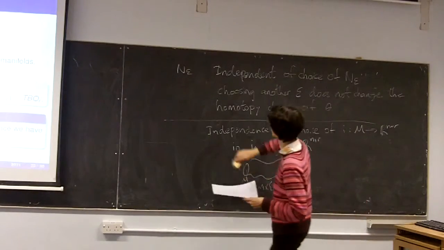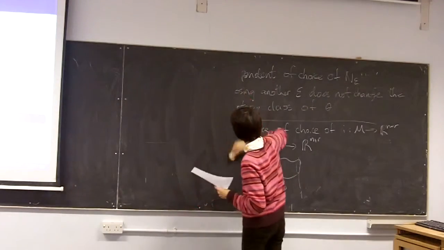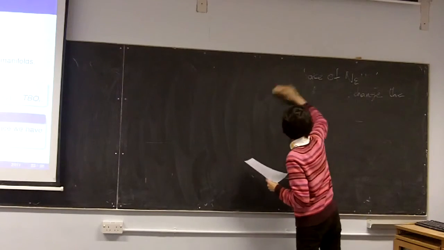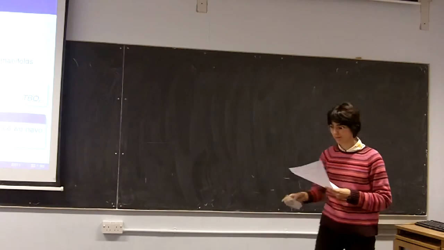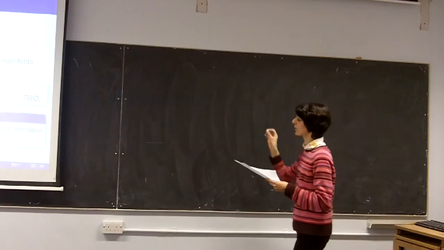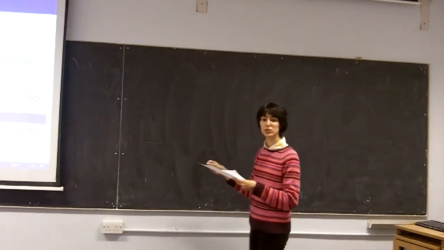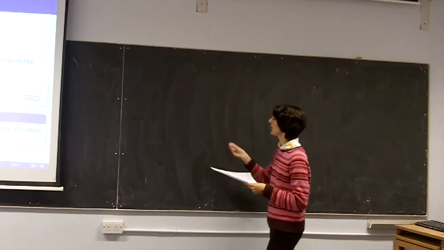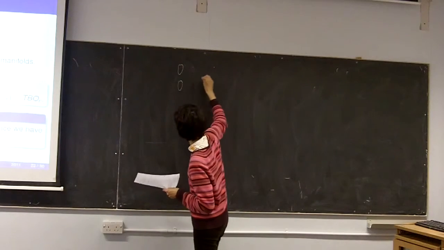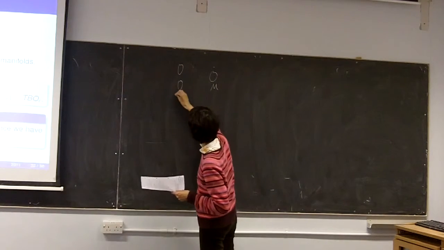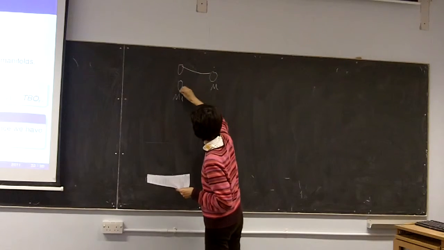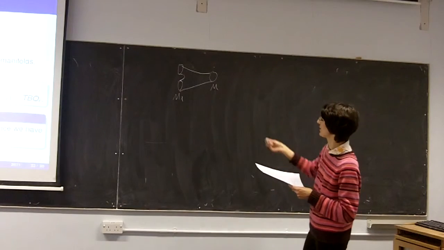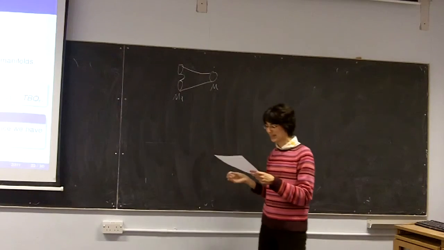And lastly, within the equivalence class of cobordant manifolds, I also made a choice of M. So I would need to know if, for example, this is M and this is another M, I should also need to be able to prove that it doesn't matter which one I take.